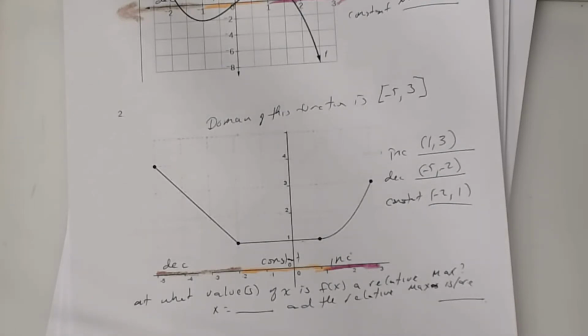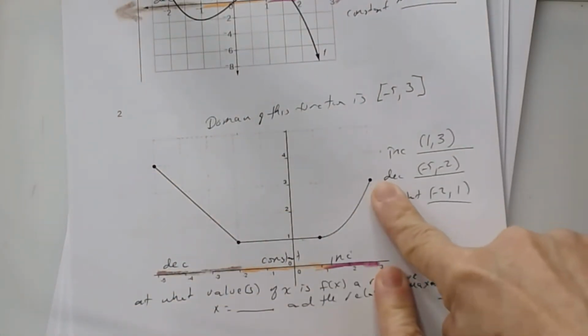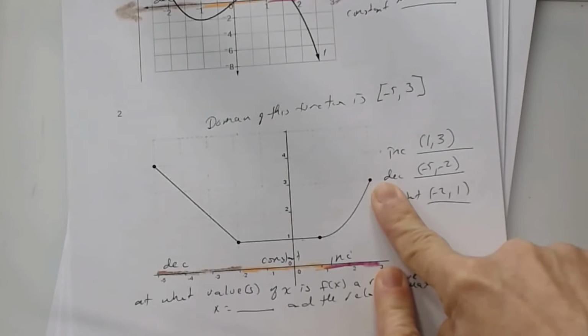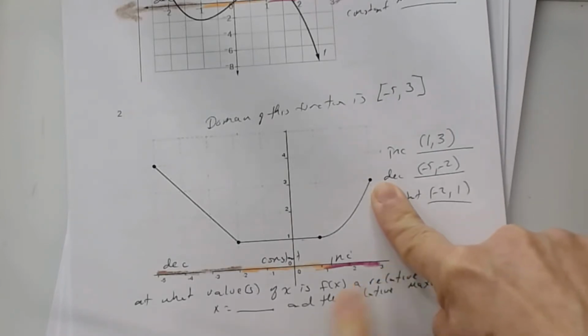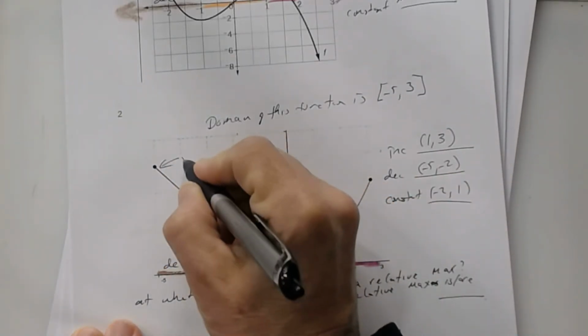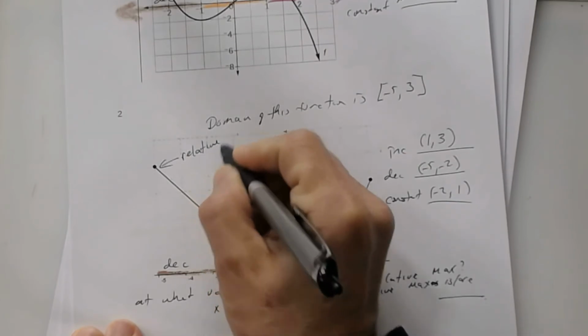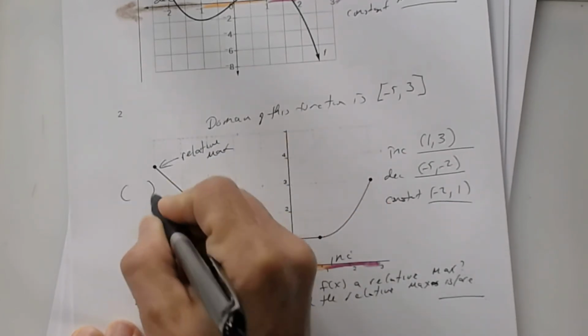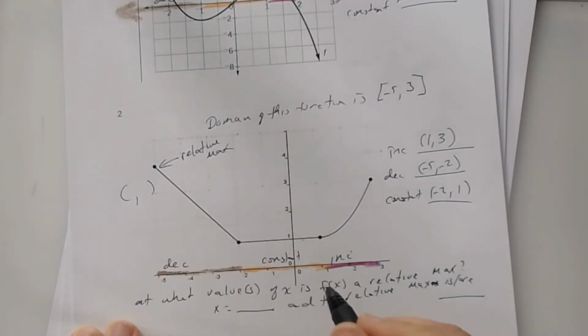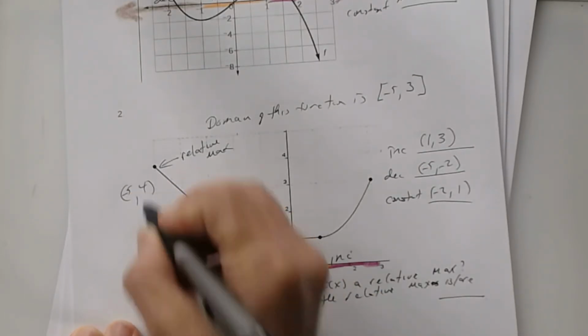The relative maximum idea is going to be easy in this case. How many relative maximums are there? 2. There are 2 of them. This right here is a maximum, and this right here is a what? Maximum. So there are 2 relative maximums here. So relative max. What's that point? -5, 4.